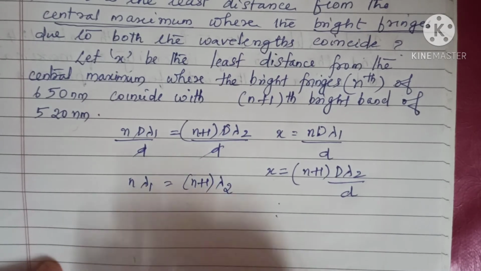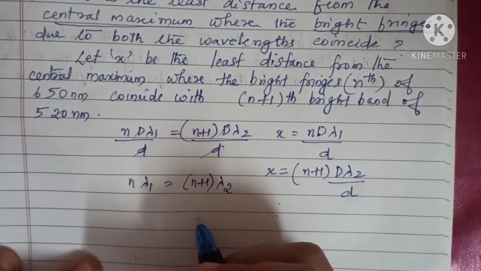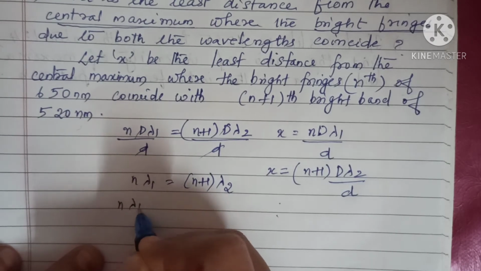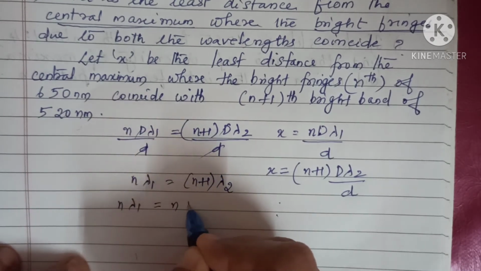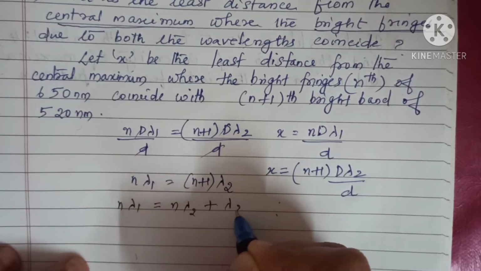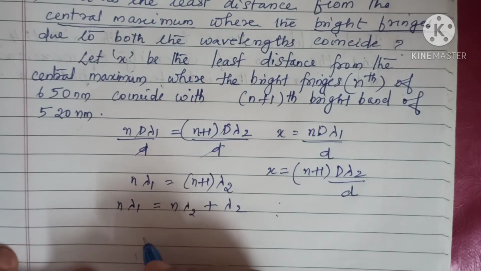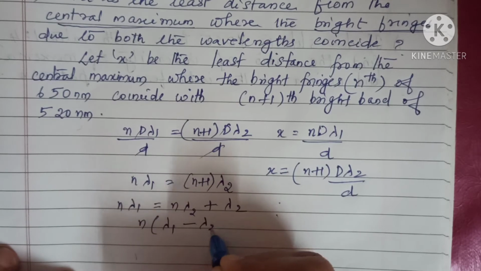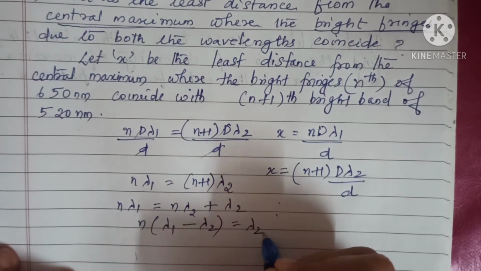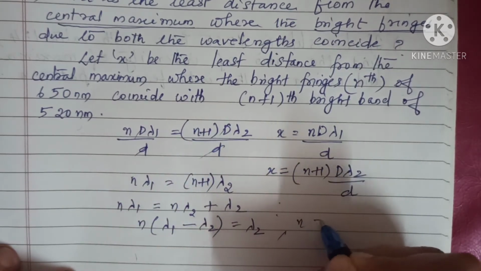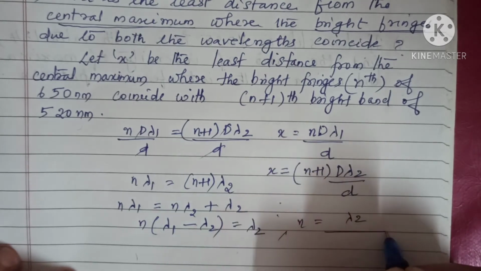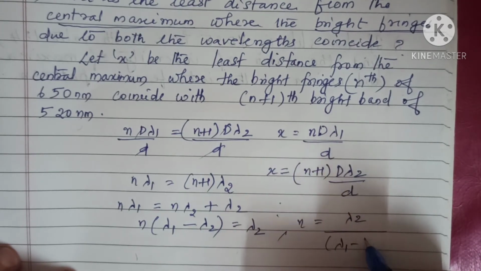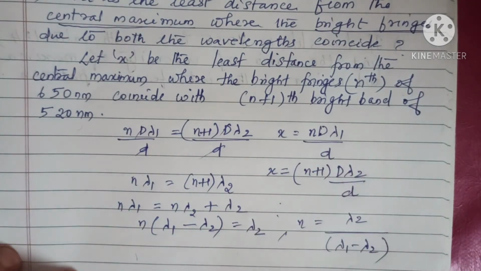Now simplification: n lambda 1 equal to n lambda 2 plus lambda 2, that is n into lambda 1 minus lambda 2 is equal to lambda 2, or n equal to lambda 2 by lambda 1 minus lambda 2. Clear?